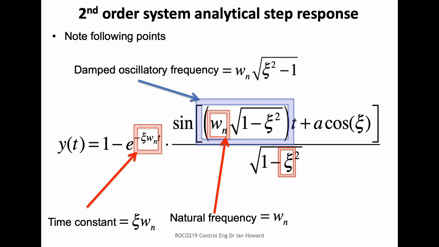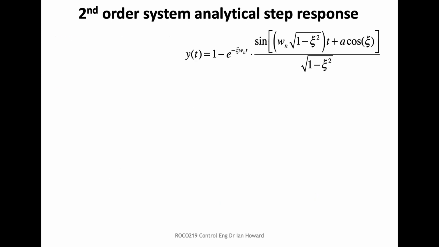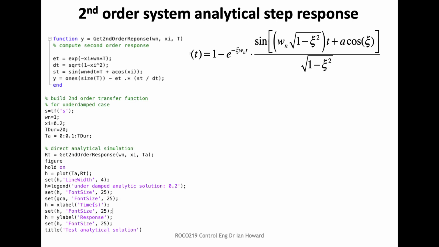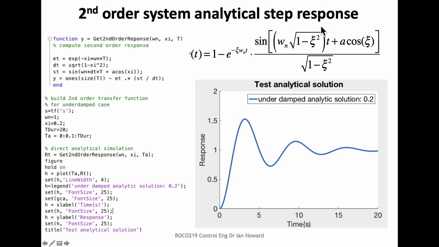And there's a damping factor at the bottom as well. If we wish, we can also run an analytical way of simulating this system in Matlab. You can easily do that by implementing that function, and you can simulate using this function what things will look like.